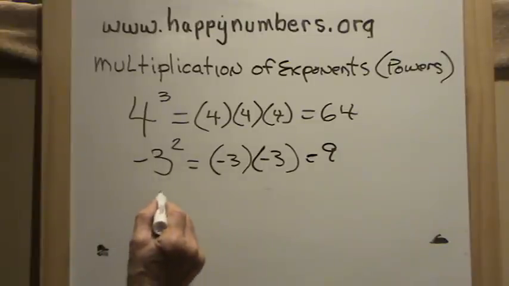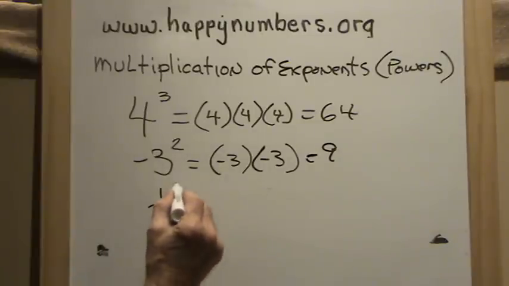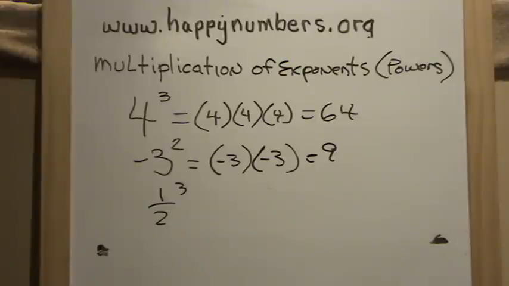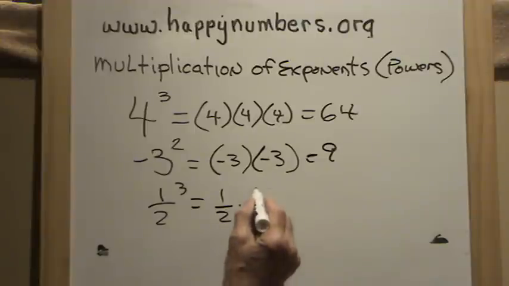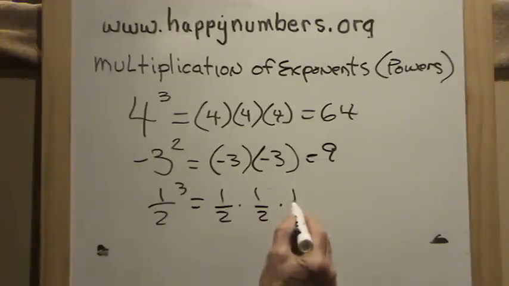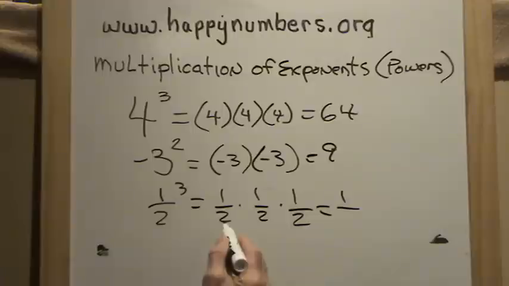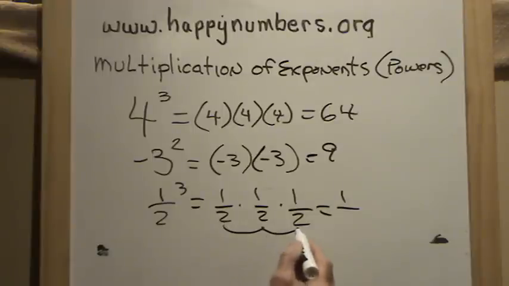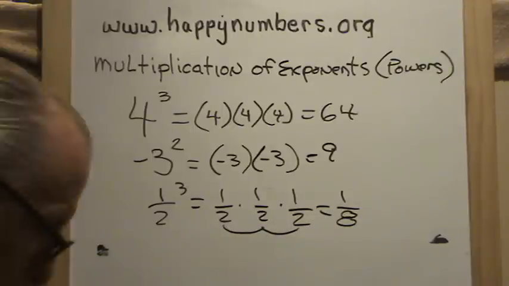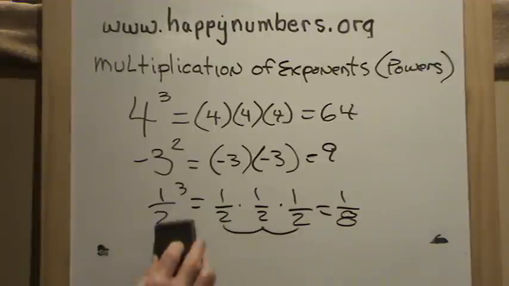Or we could have 1/2 to the third power, or 1/2 cubed, and that equals 1/2 times 1/2 times 1/2, which is equal to 1/8. 2 times 2 is 4, 4 times 2 is 8. Okay, so that's just working with normal exponents.